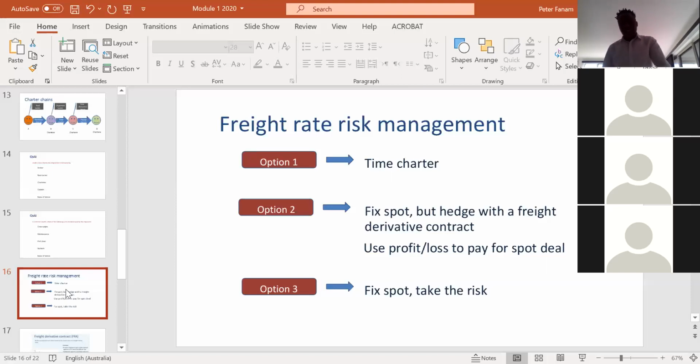And the third option for the ship owner is to take the risk and be bold: I'm going into the fixed spot market. So I'm going into the spot market and the ship will be in my possession. Whatever the market offers, I'm going to take it.